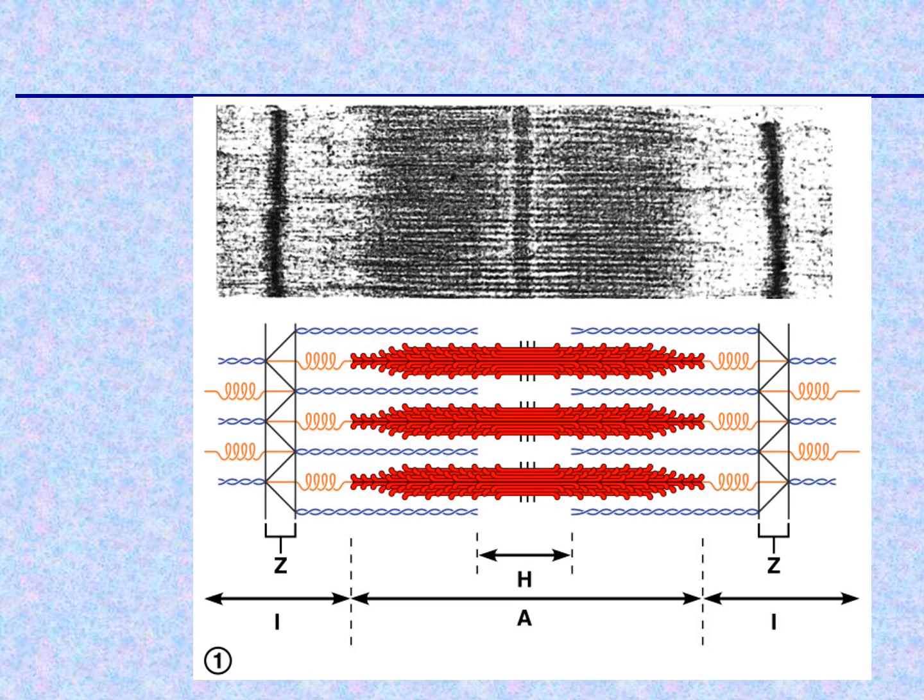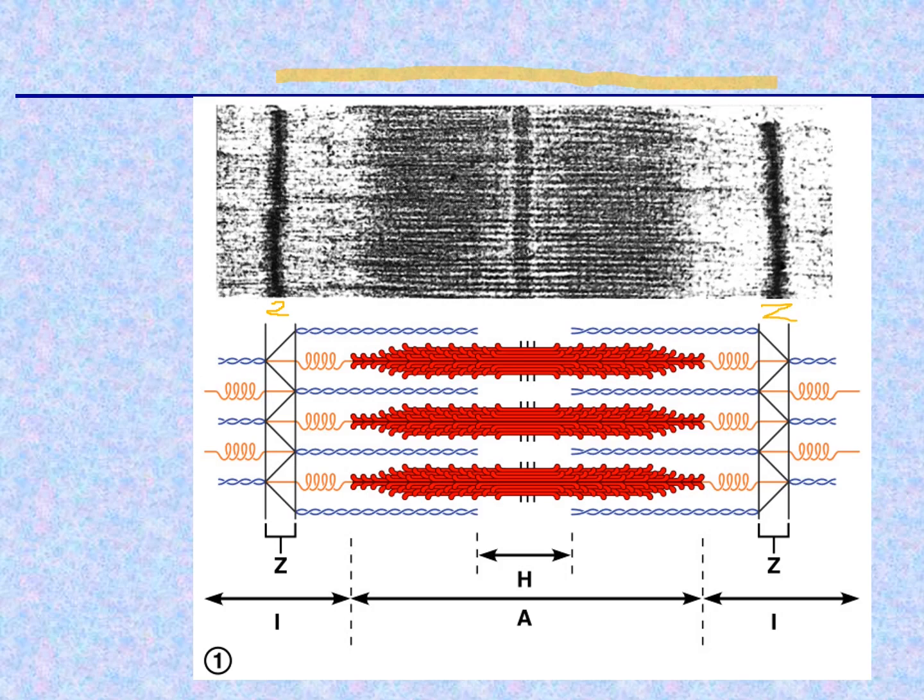So here you see a single sarcomere from Z line to Z line. This is an electron micrograph showing one Z line here, the other Z line here.